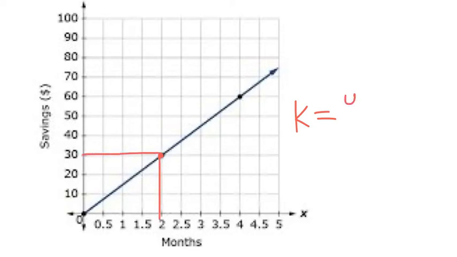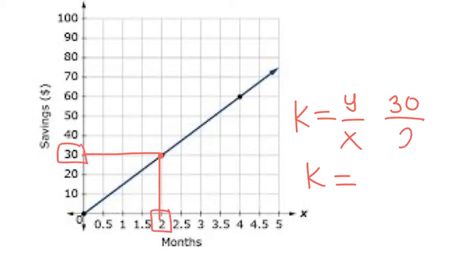So what we're going to do is divide our y over our x to get the k. Our y is 30. Our x is 2. So 30 divided by 2, we get 15.